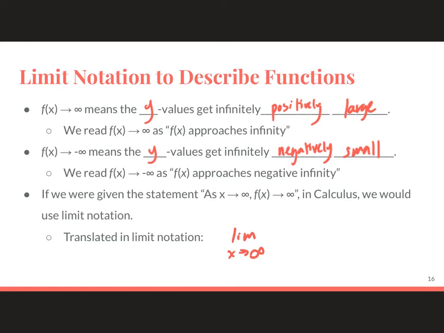Then we write the function that we're talking about, f of x, and we state what the limit is going to be. So where are we approaching when x approaches infinity? We set this equal to whatever our f of x behavior is. We're approaching infinity, so we set this equal to infinity. This is saying that as your x continues getting positively infinite, our y can be approximated as also becoming positively infinite.